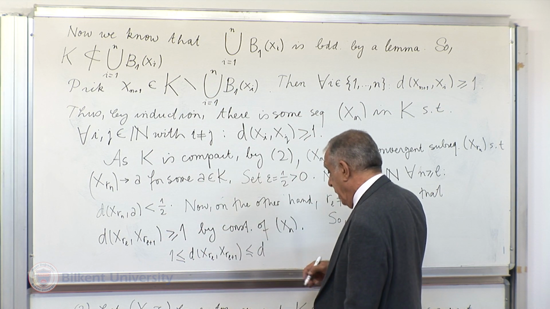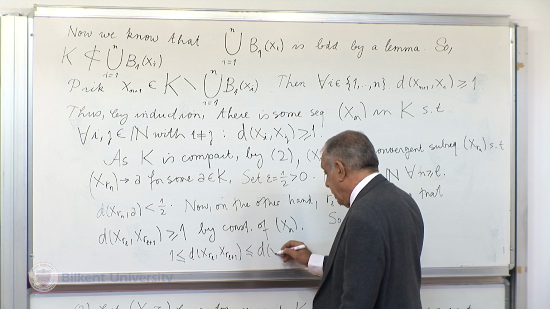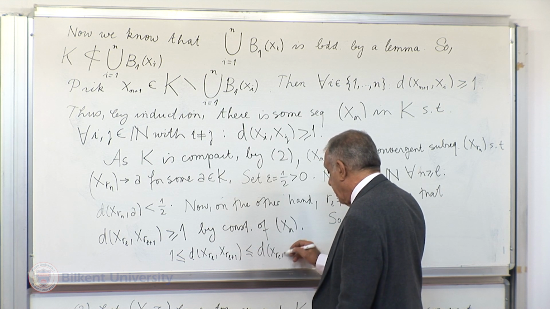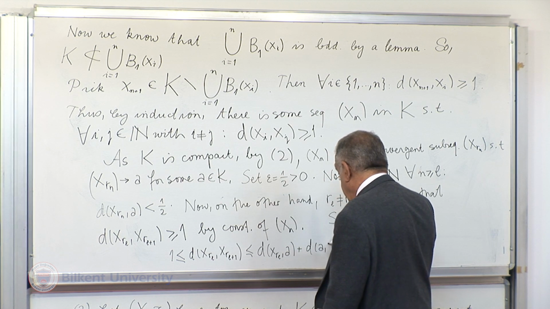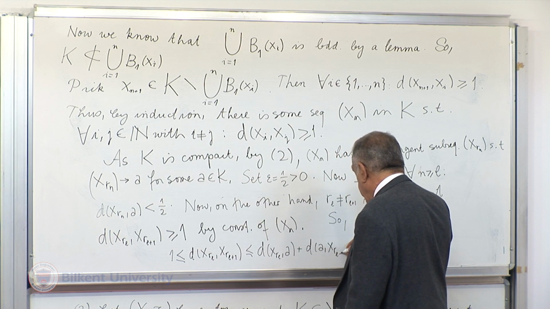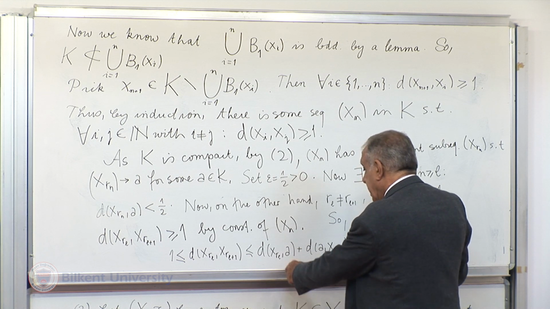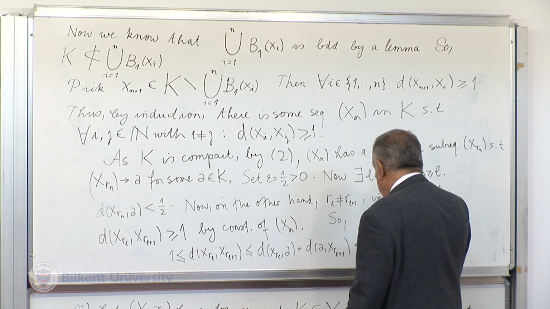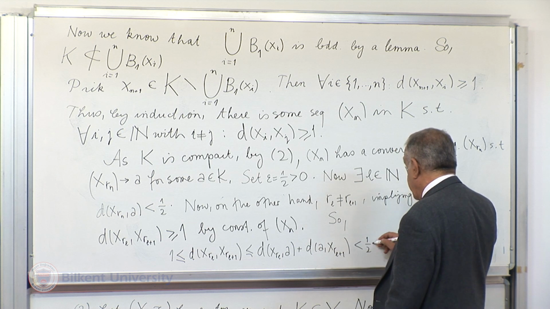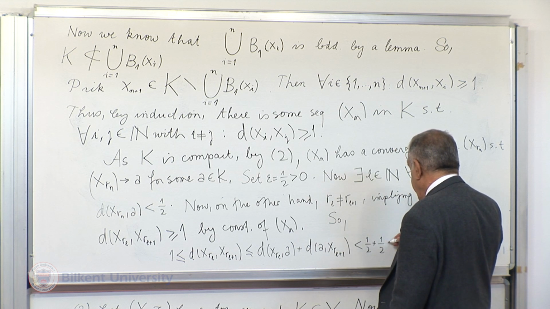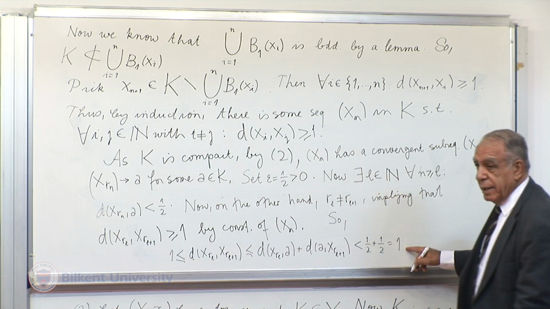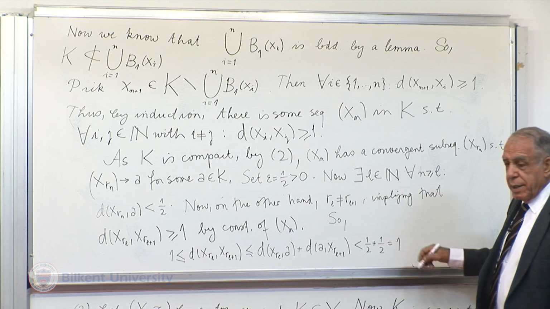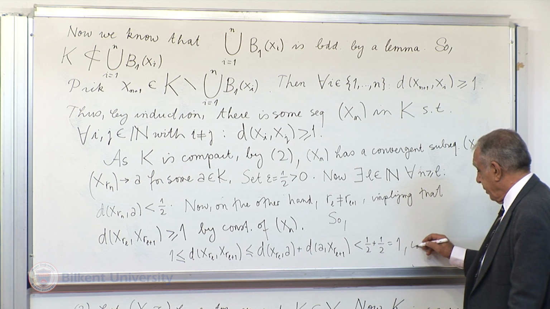So this will be less than or equal to d(x sub R sub L, A) plus d(A, x sub R sub L plus 1). But this is less than 1/2. This is less than 1/2. So this is both larger than or equal to 1 and less than 1, which is a contradiction.